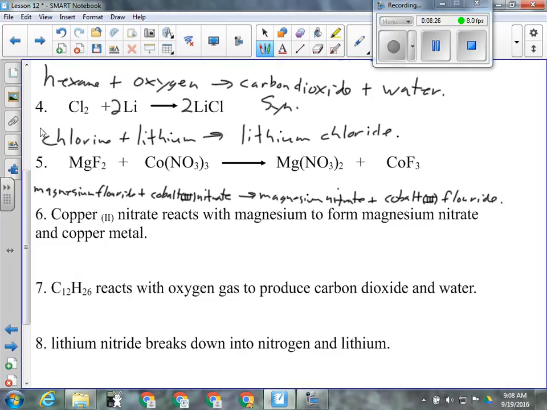All right, what kind of reaction is that? Double replacement. It's 2 ionic compounds becoming 2 different ionic compounds. So in other words, the metals are switching partners.